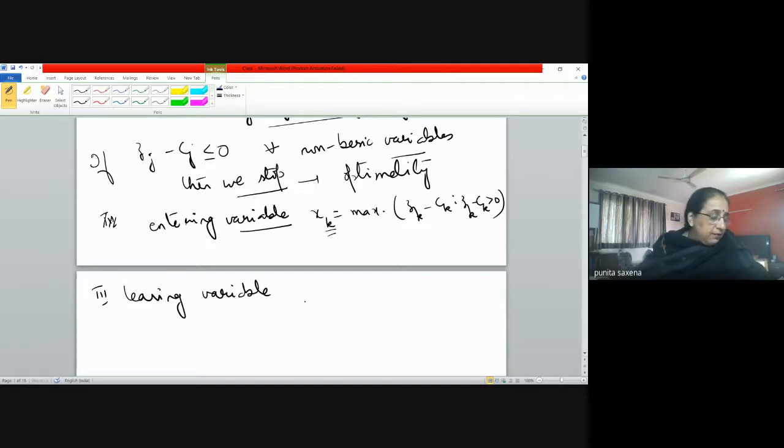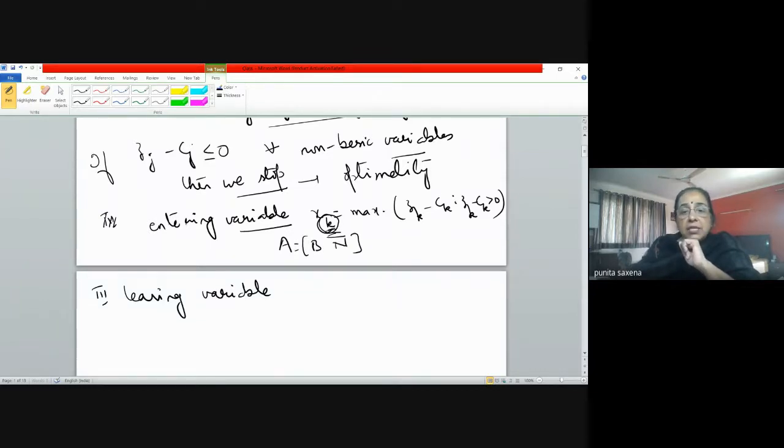Out of all the basic variables that we have, for the entering variable that we have chosen, understand this well. k stands for what? The non-basic variable that has been chosen to enter the basis. Okay, see, in the background, this was your matrix, which is B and N, right?